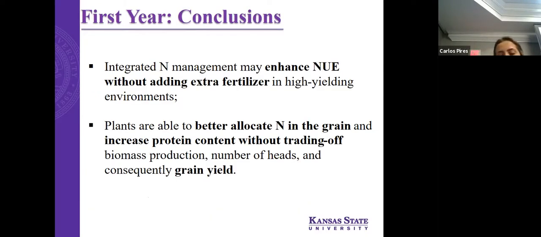So basically, the conclusions for the first year: integrated N management may enhance nitrogen use efficiency without us needing extra fertilizer. It was the same amount of fertilizer for both treatments. It's just different methods of application and timing, and the use or the lack of nitrogen urease inhibitors. But we only see this difference in high yielding environments.